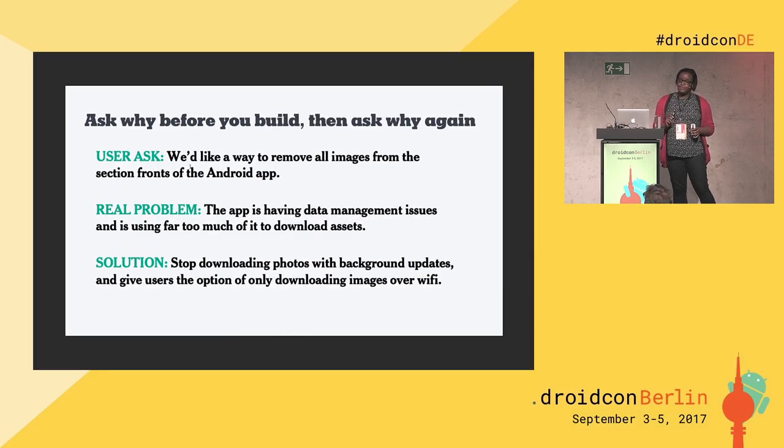And finally, before you build stuff, ask why, and then ask why again. You want to figure out if the suggestion that's coming to you is a valid one. Users don't know all of the things about what's possible and all of the methods that you have to solve their problem.